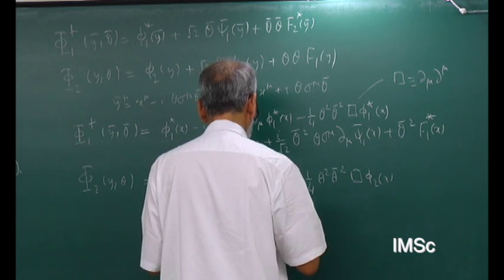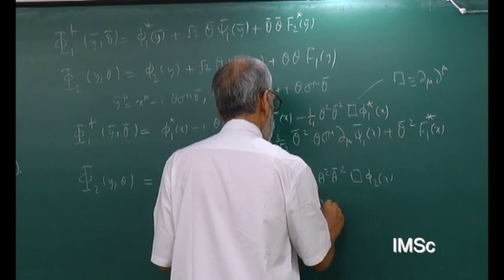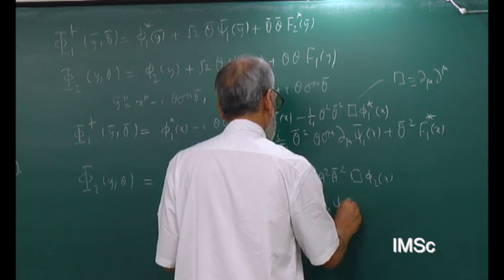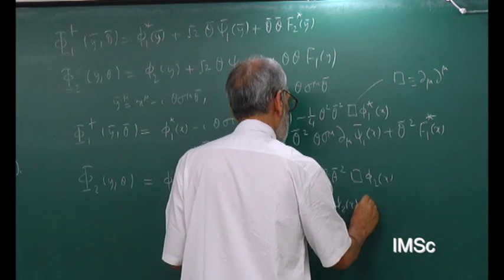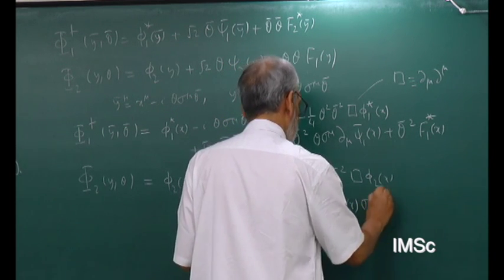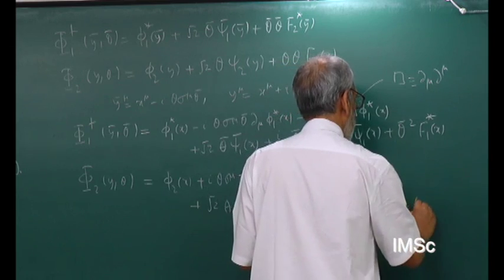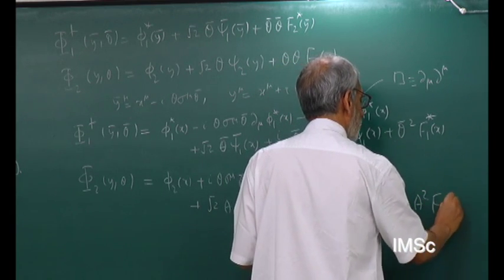Minus i d mu psi 2 of x sigma mu theta bar plus theta square F2 of x.